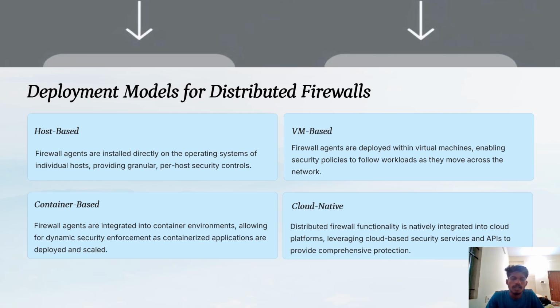Next, we have container-based. Firewall agents are integrated into container environments, allowing for dynamic security enforcement as containerized applications are deployed and scaled. Moving on to the next, we have cloud-native. The distributed firewall functionality is natively integrated into the cloud platform, leveraging cloud-based security services and providing comprehensive protection. So this was all about deployment models for distributed firewalls.